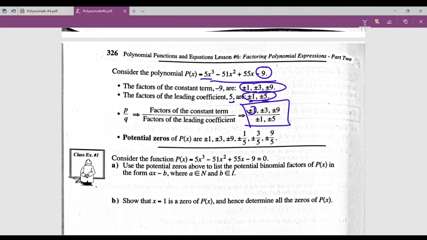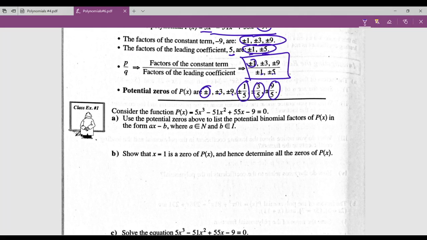So you go 1 divided by 1 will give you 1. 1 divided by 5 will give you 1/5. Remember, everything's plus minus. 3 divided by 1 gives you 3. 3 divided by 5 gives you 3/5. 9 over 1 gives you 9. 9 over 5 gives you 9/5. Those are your potential zeros.